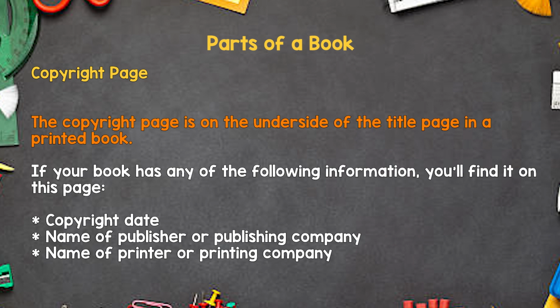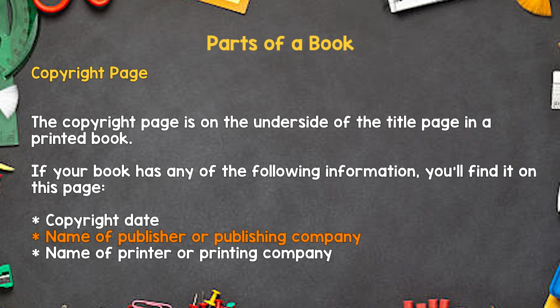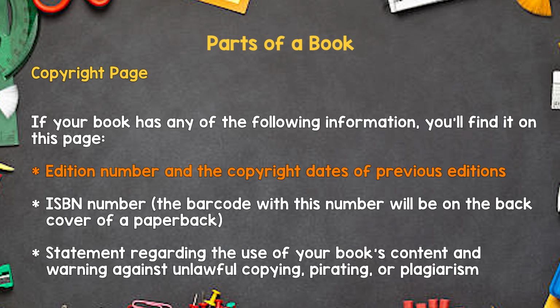The copyright page is on the underside of the title page in a printed book. If your book has any of the following information, you'll find it on this page: copyright date, name of publisher or publishing company, name of printer or printing company. Now you'll find the edition number and the copyright dates of previous editions.